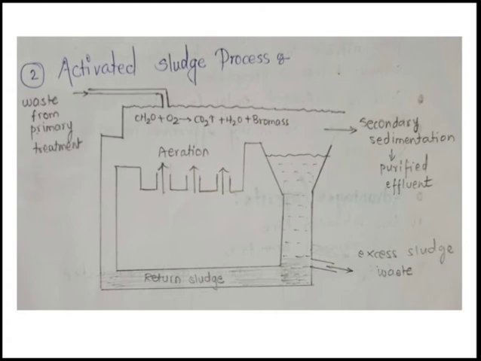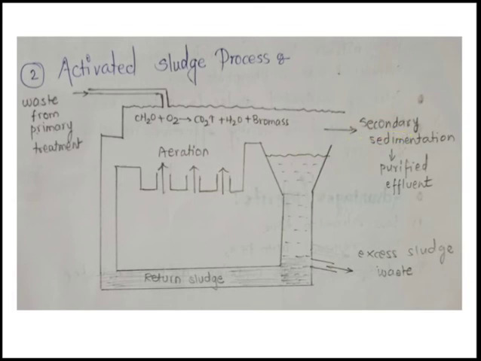Initially we have entered the wastewater from here, then it is decomposed in the presence of oxygen, and the sludge will settle at the bottom and can be removed. This is the excess sludge waste. This is used as compost in farming. The water here, which is a supernatant liquid, can be transferred for the secondary treatment.